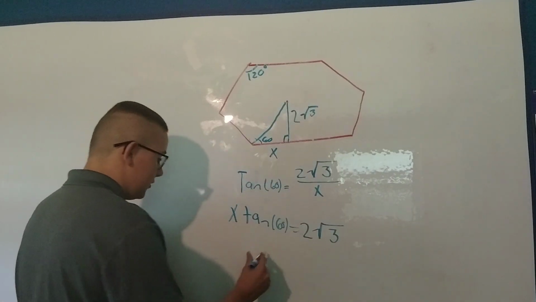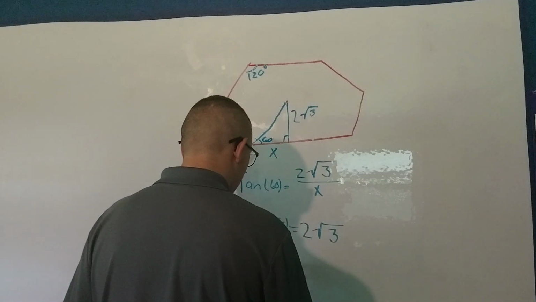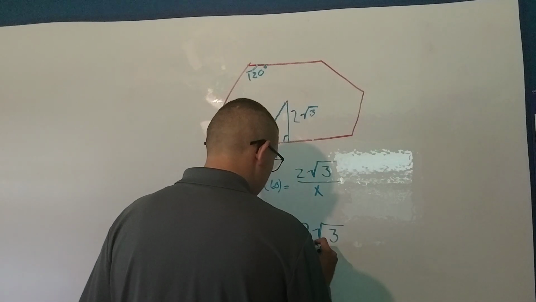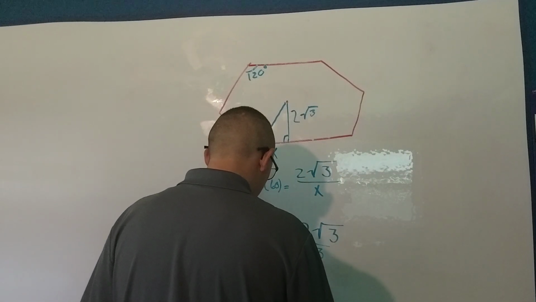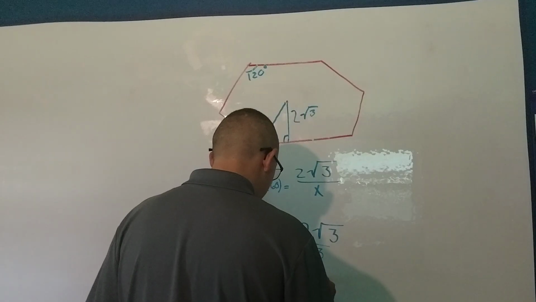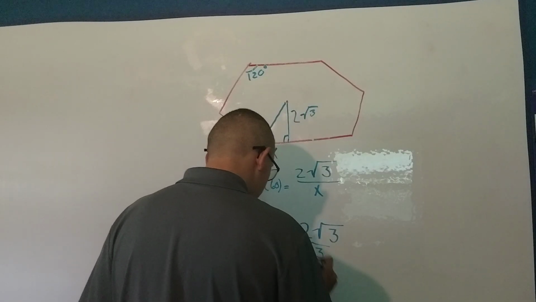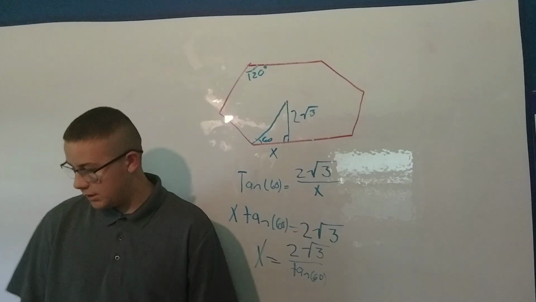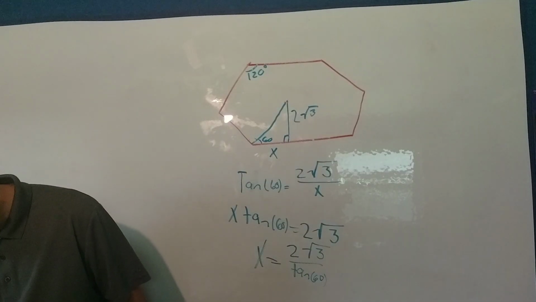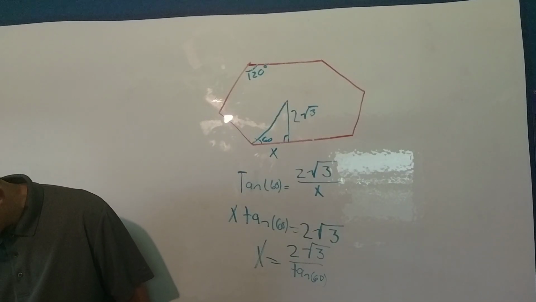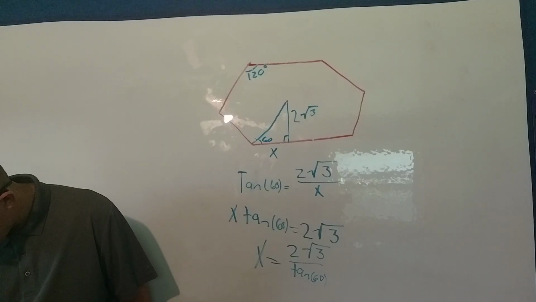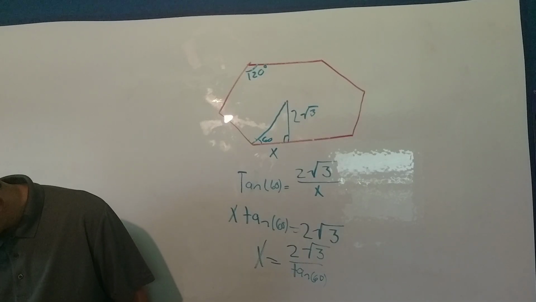Now we divide the tangent over. We get x equals 2 root 3 over tan 60. You plug that into your calculator. You do 2 square root 3 divided by tan 60.